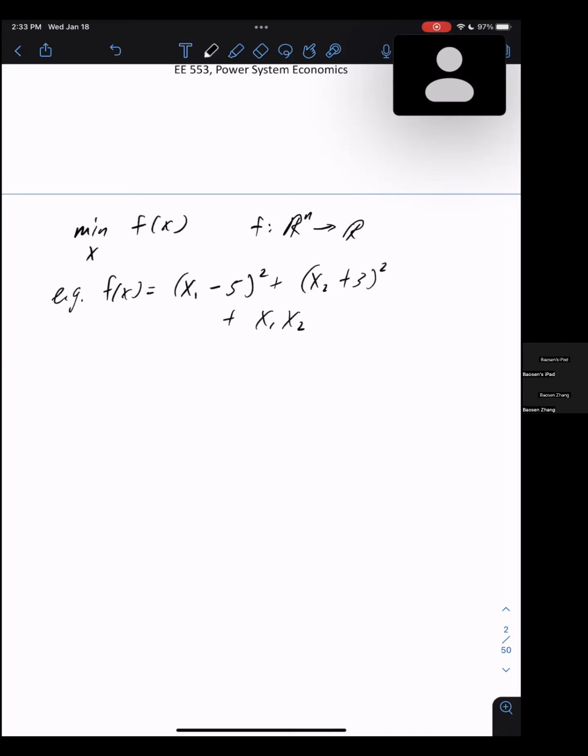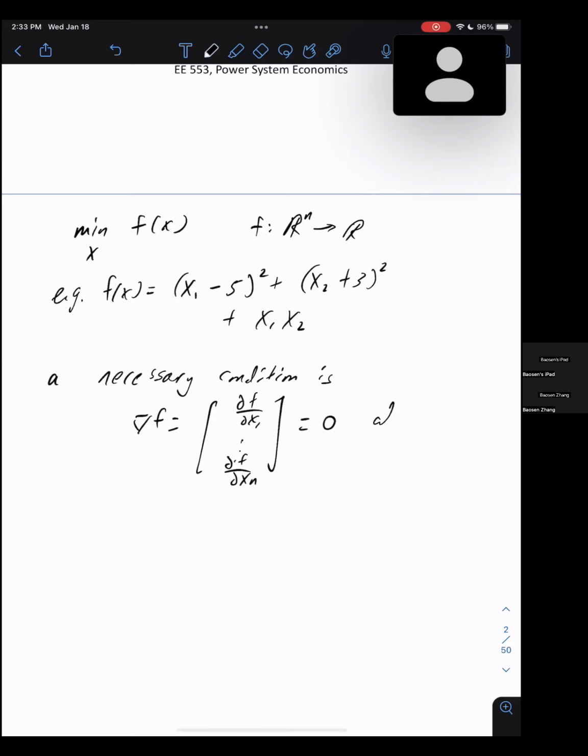Last time we saw a necessary condition: the gradient of f, basically the vector of partial derivatives, has to be equal to 0.